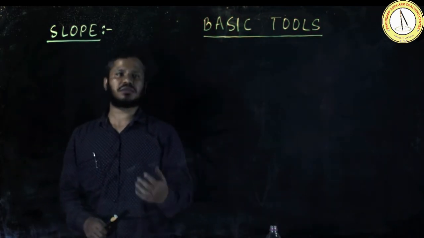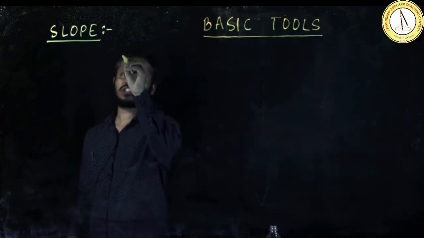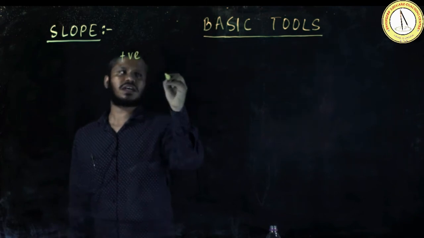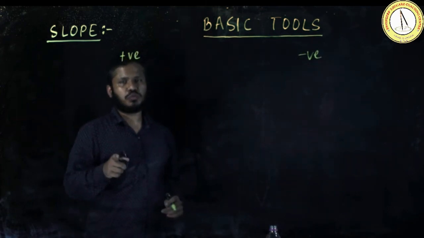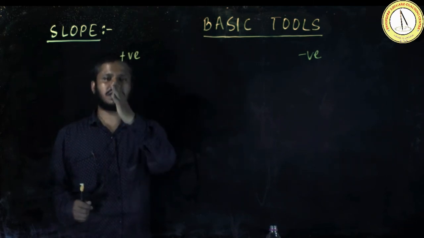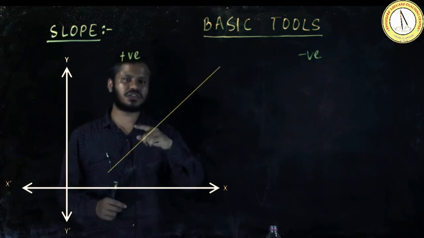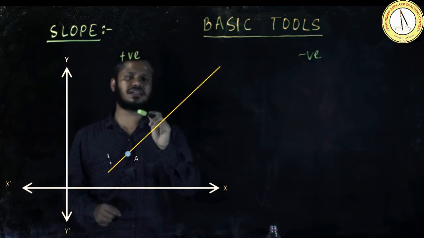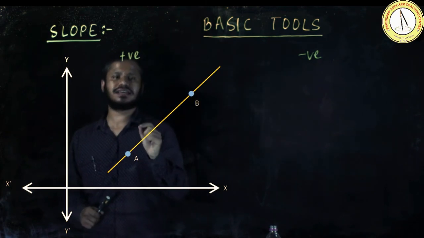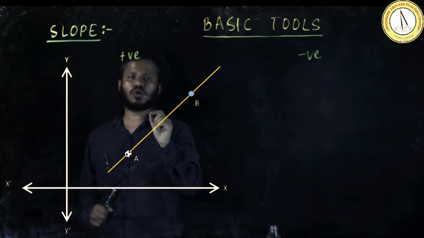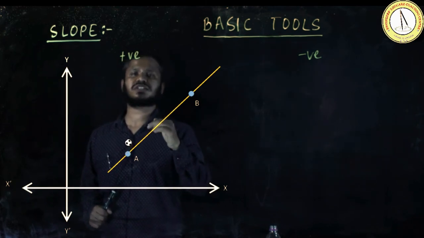Now you are going to see an animation of slope. There are two types of slope. One is positive, another is negative. In the positive slope, here you can see the axis. In the axis there is a straight line. In this line there are 2 points marked A and B. Now imagine you want to move a ball from A to B, but in a certain path in order to understand the slope.